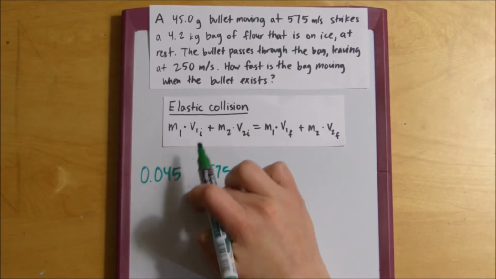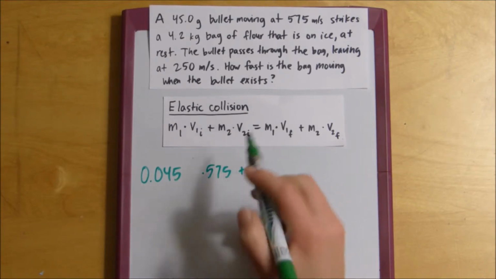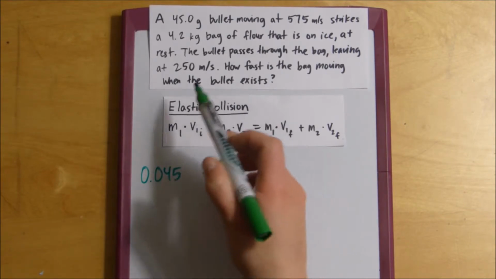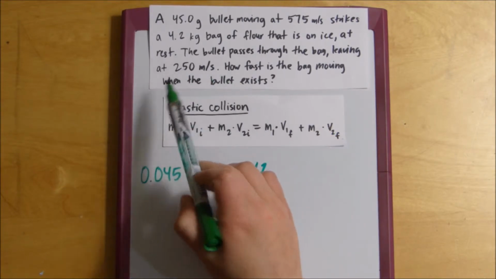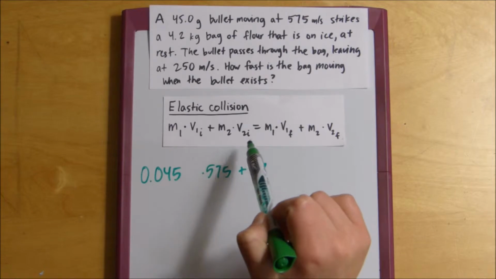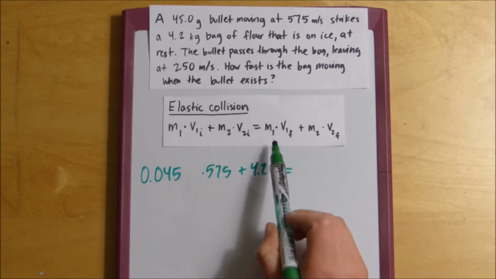I won't use units, they complicate things. And then add mass 2, which would be our bag of flour, so 4.2, and it's at rest. At rest means that it has no initial velocity, so times 0, equals mass 1.